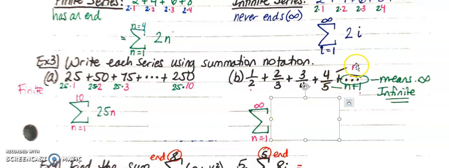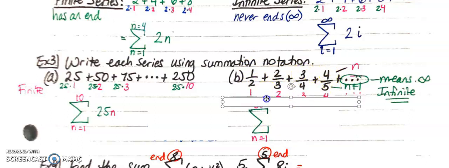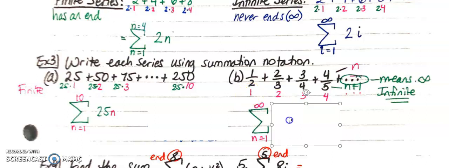Now for the rule, notice you have 1 over 2, 2 over 3, 3 over 4, 4 over 5. So if I take a look at my placements, this is my first term, my second term, my third term, my fourth term. So I can see that my terms are present here at 1, 2, 3, 4. These match up. The denominators, however, are always one more than what's on top.